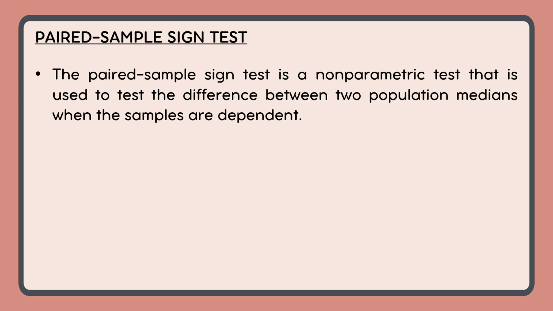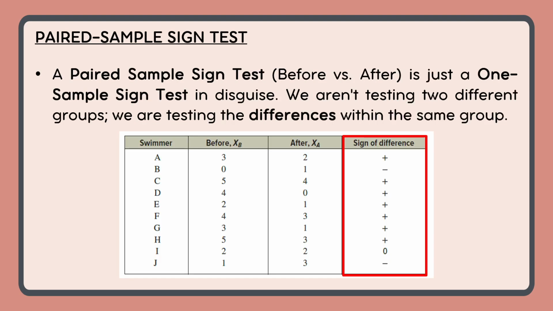Let's not be confused, because a paired sample sign test is just a one sample sign test in this case. Even though we have a paired sample, those paired samples came from only one group. So we aren't testing two different groups, we are testing the differences within the same group.